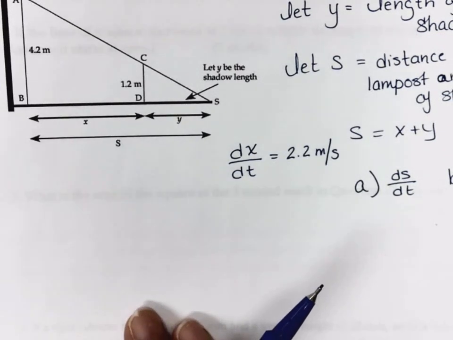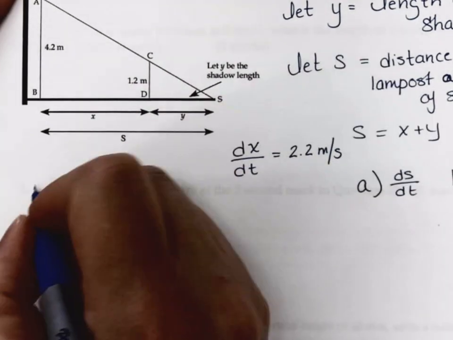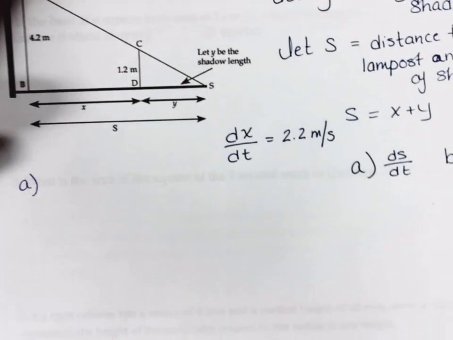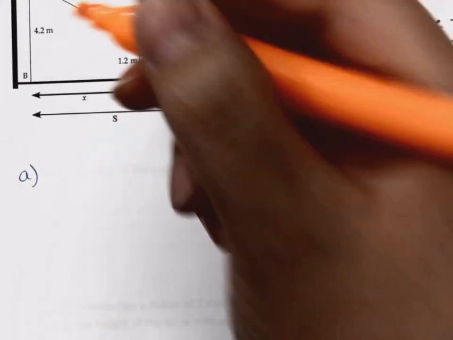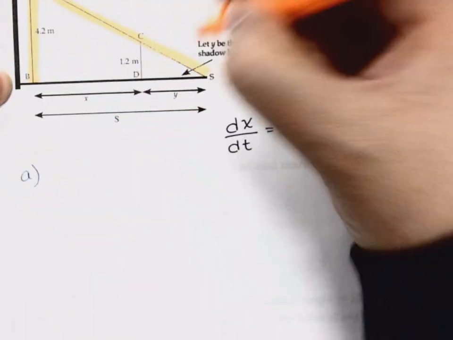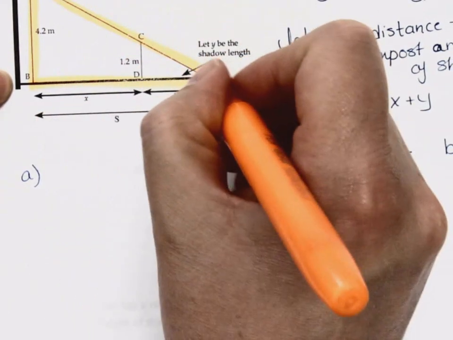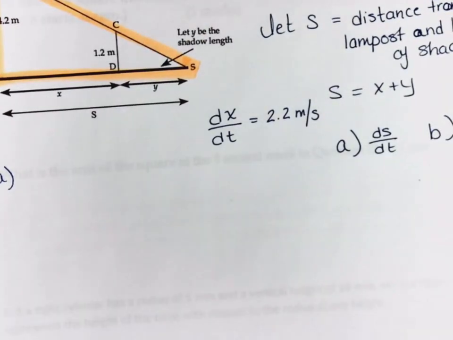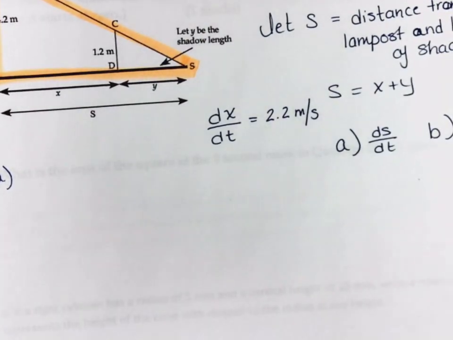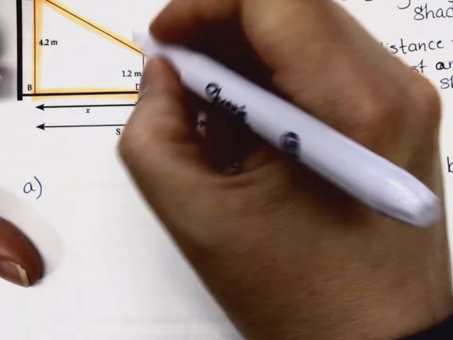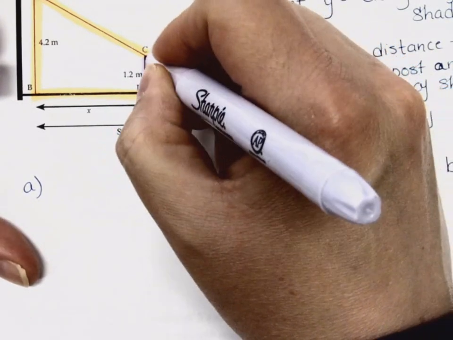So what I'm going to do is a ratio of side lengths. We're going to do two different triangles for part A. I'm going to get my handy dandy highlighter out. We're going to look at the big triangle, and we're going to compare it to the little triangle.